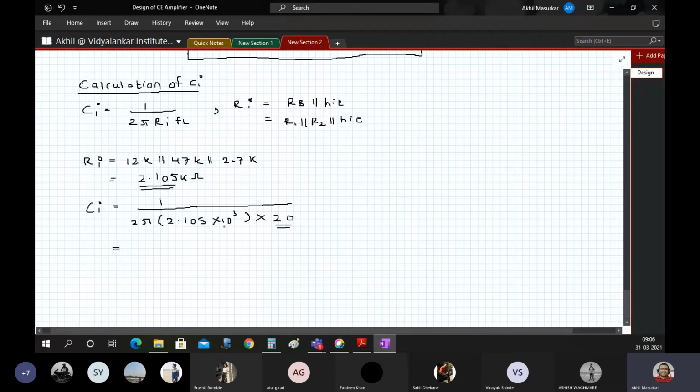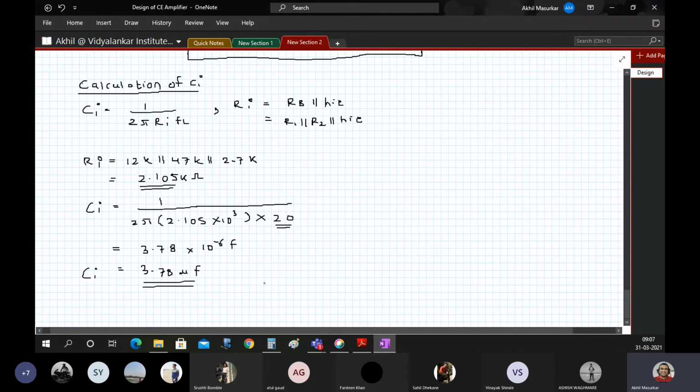And once you solve this, what do you get? So I think you should get 3.78 into 10 raised to minus 6 farads, that is Ci is 3.78 microfarads.